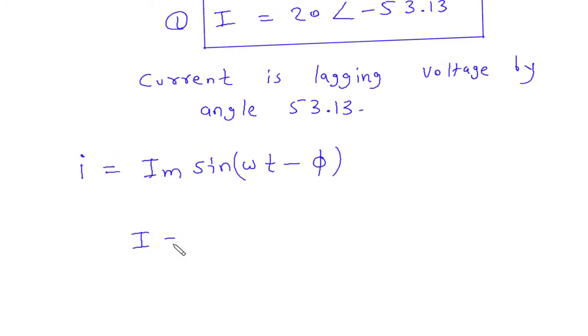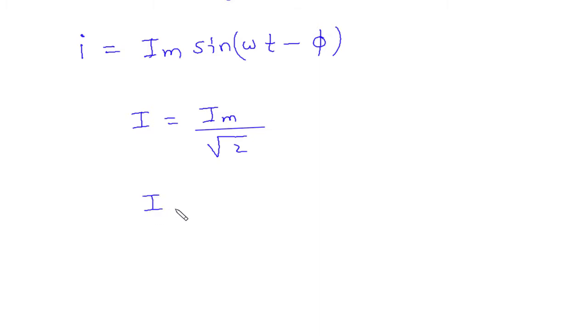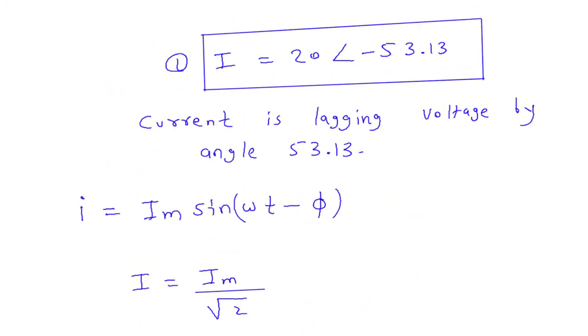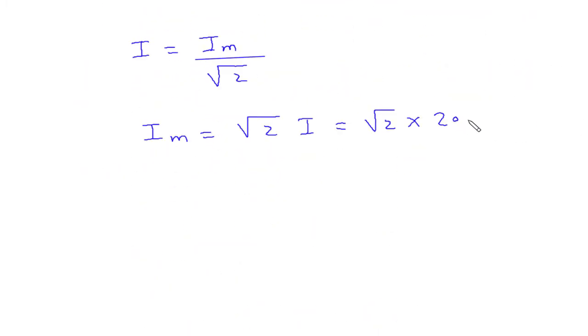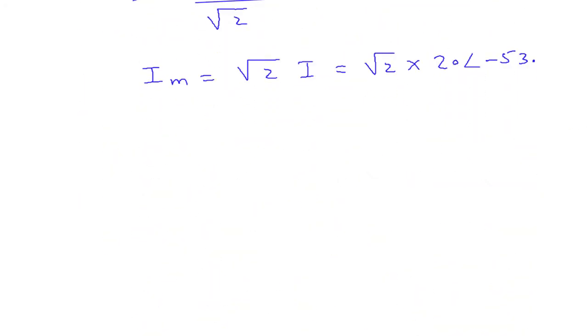I is equal to Im by root 2. Therefore Im is equal to root 2 into I, which is root 2 into 20 at an angle of minus 53.13.